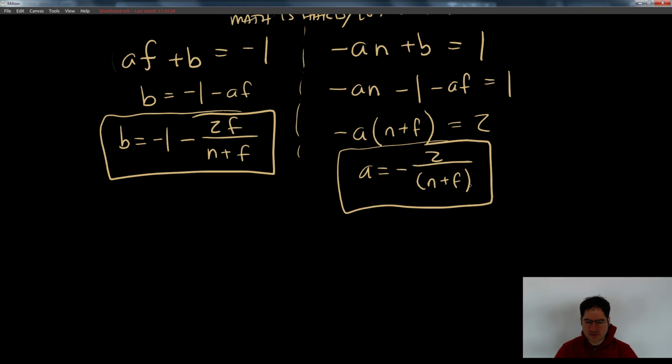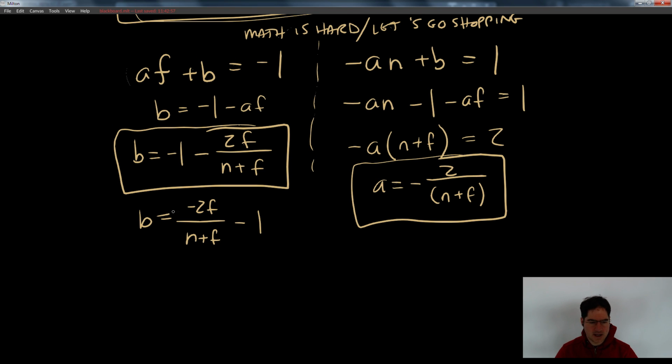All right, so let's take a look. Let's assume that these are the simplest I can make them. I don't see much else. We could write it this way and then say, okay, -2f over n plus f minus n plus f over n plus f.